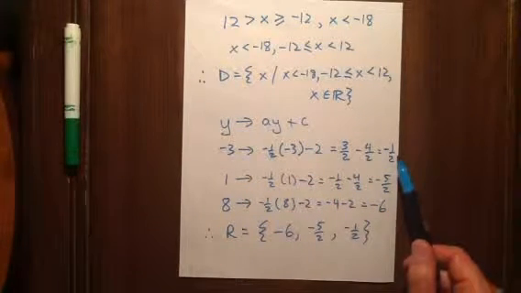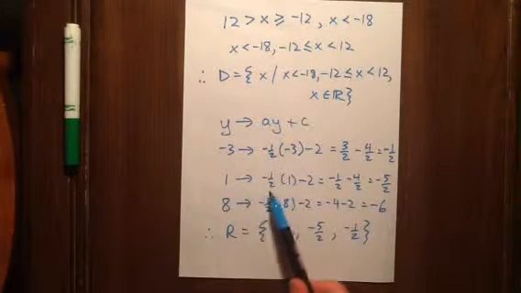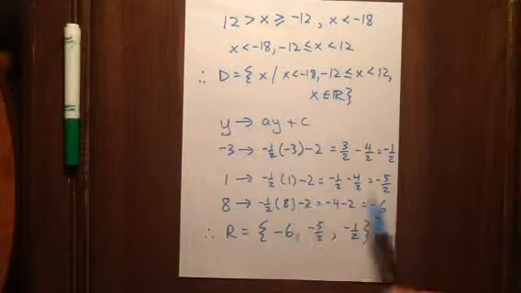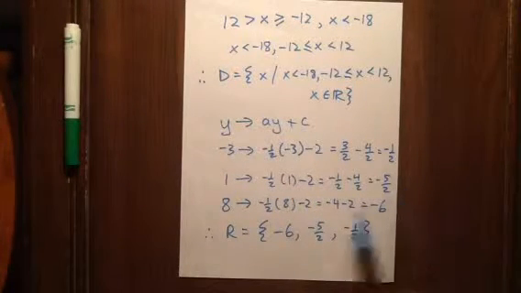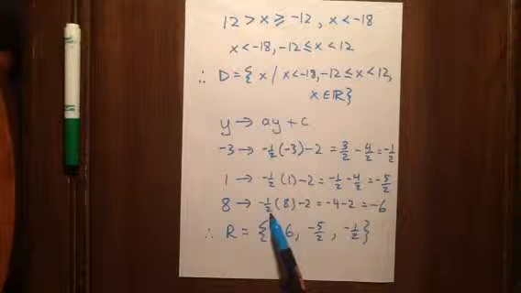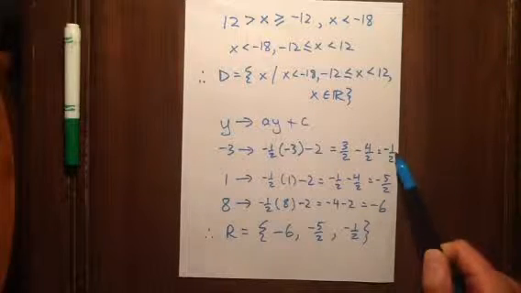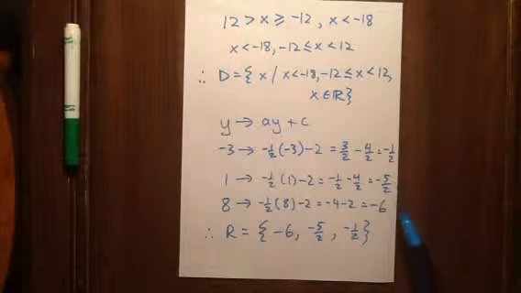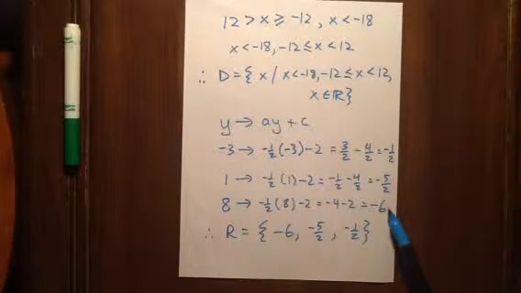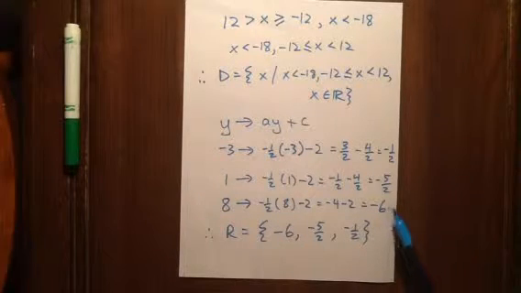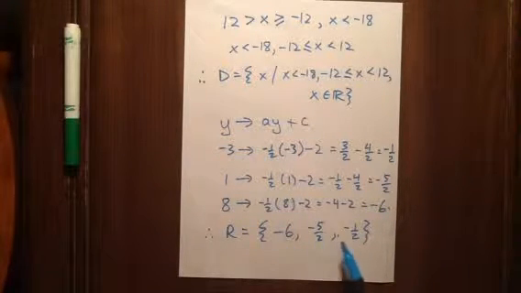That equals negative 1/2. 1 maps onto negative a half times 1 minus 2, which equals negative 5/2. 8 maps onto negative a half times 8 minus 2, which is negative 6. And so our values are negative a half, negative 5/2, negative 6. But we like to put them in order from least to greatest, so we go negative 6, negative 5/2, and negative a half.